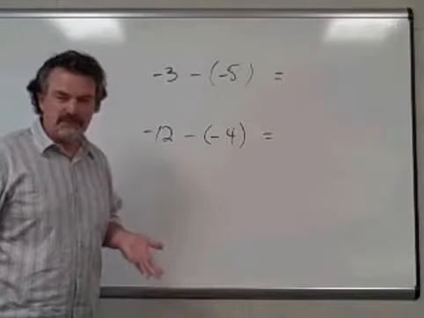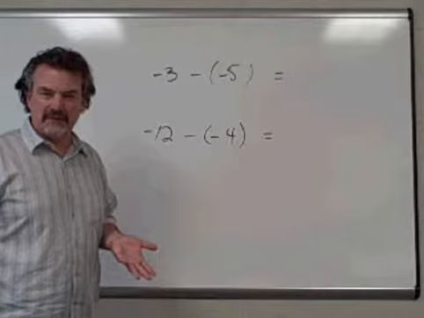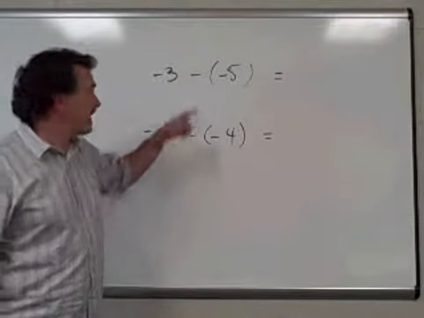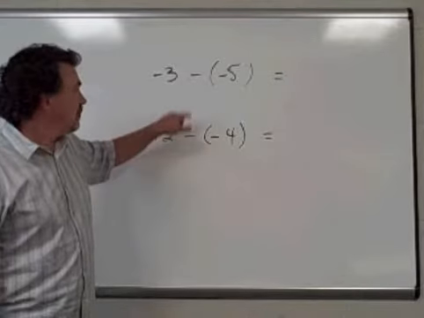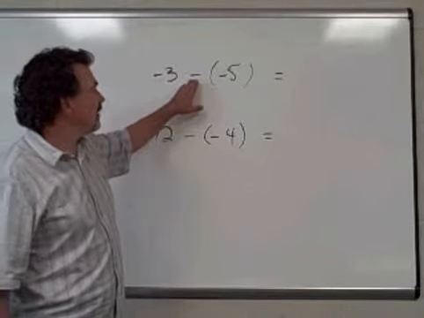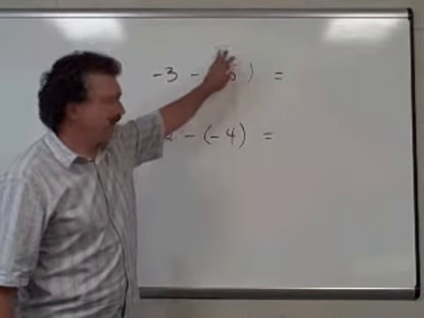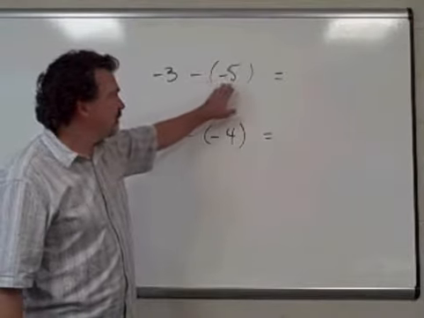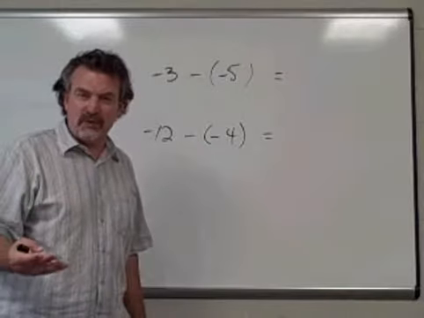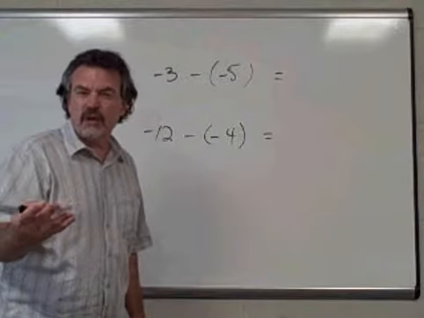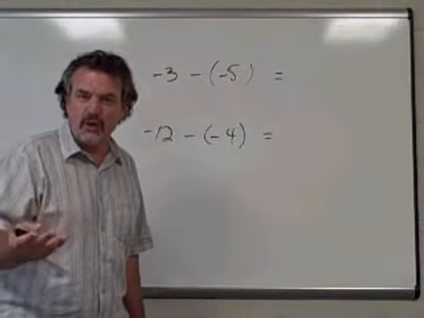Well, we've got a couple of different ways we can think about a problem like this. If we go back to our takeaway, thinking of subtraction as taking away, but here, what did they take away? They didn't take away a positive quantity, they took away a negative quantity. Well, taking away a negative quantity, thinking of a negative quantity as owing money.